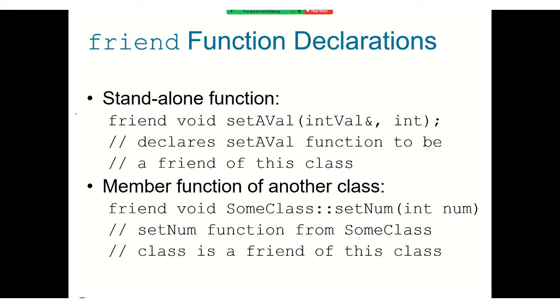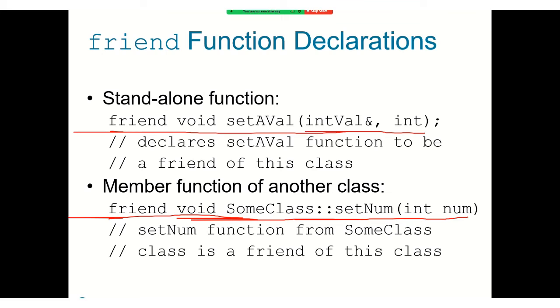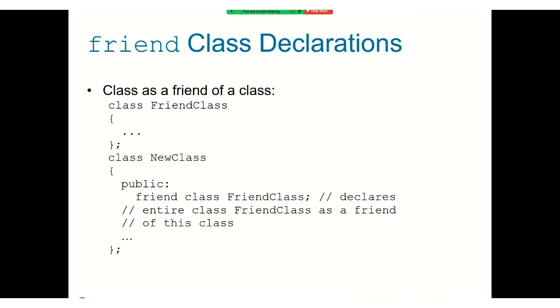Now, you can define the friend function in two ways. You can have a standalone function, which we did not do. But you can also define the member function of some other class, and that's what we have done. So there are two ways basically you can define the friend functions.